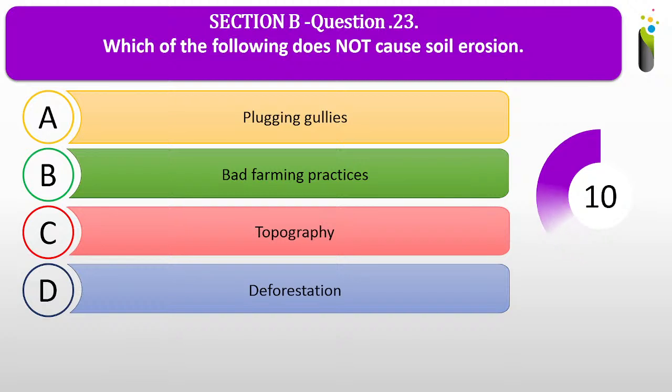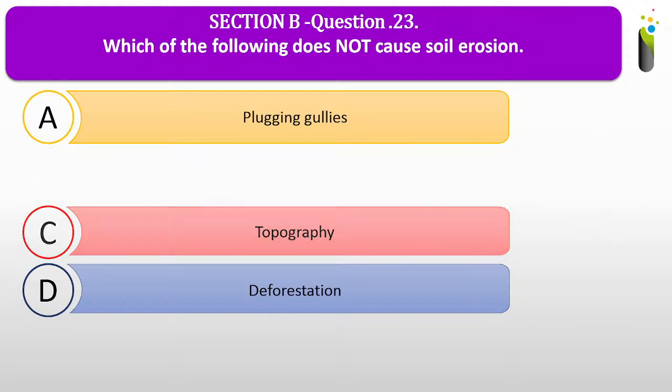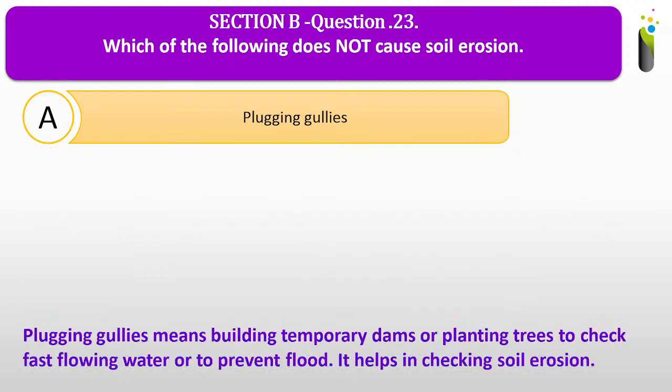And the correct answer for question number 23, which of these do not cause soil erosion, is A, plugging gullies. See, plugging gullies means building temporary dams or planting trees to check the fast flowing water or to prevent the flood.